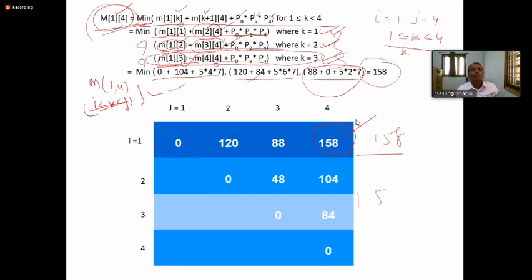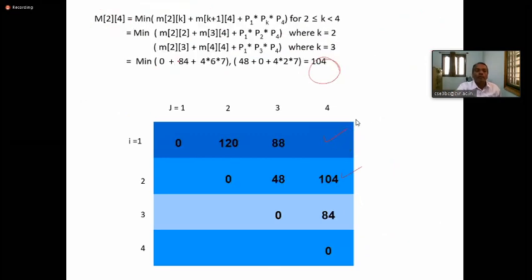What do you mean by M123? That means M123 matrices into M4, this one. Then how did you calculate this M123? Again, you go back.